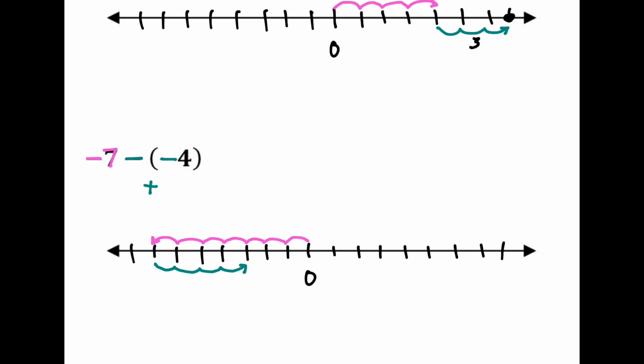Okay, so if this is positive 4 and this is negative 7, can you see how we're going to be at negative 3, right? Okay, so we actually went down 3, so there's where we are. Yep, negative 3.